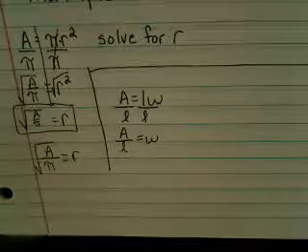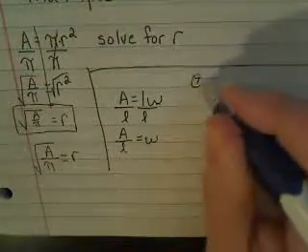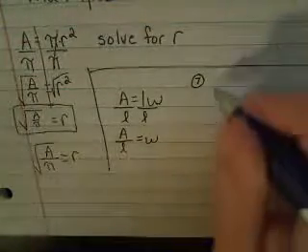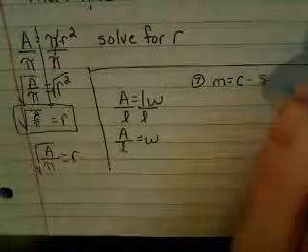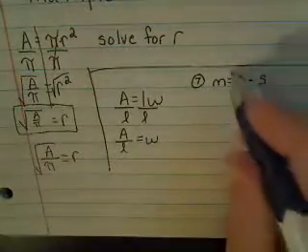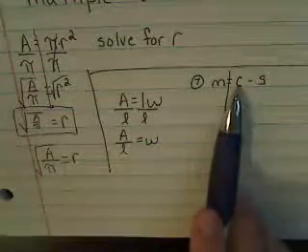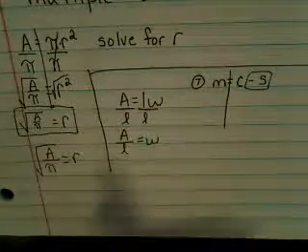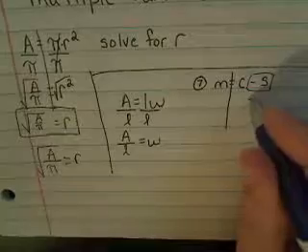All right, let's look down at number 7. For 7, we have M equals C minus S. And they want us to solve for C. Well, solving for C means we want to move this. That's subtraction, so the inverse would be to add.